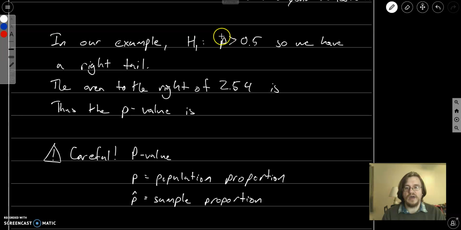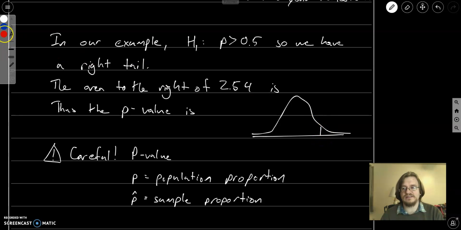Our alternative hypothesis is that p is greater than 0.5. Our normal distribution looks like this. It's not very well drawn, but oh well. We are looking at a right tail.